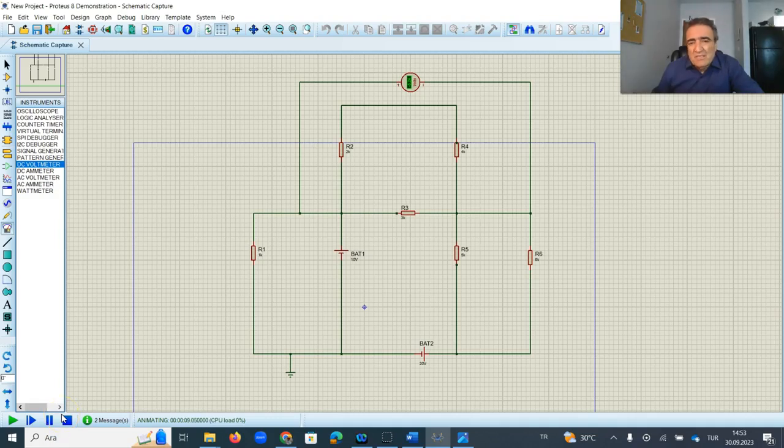And if you want to measure the current on this line, for example, you need a DC ammeter.